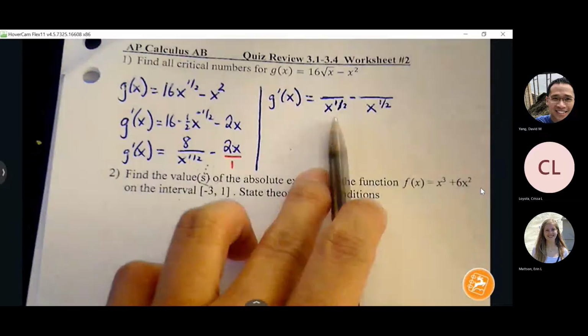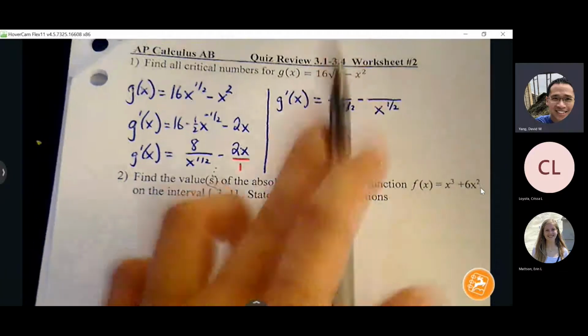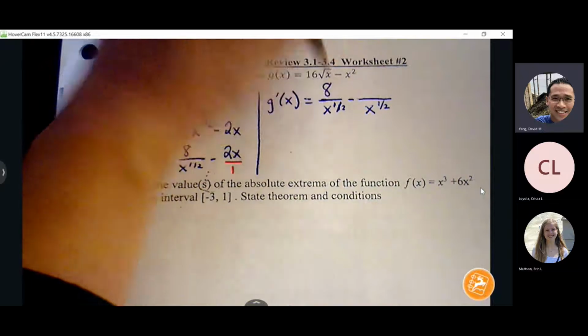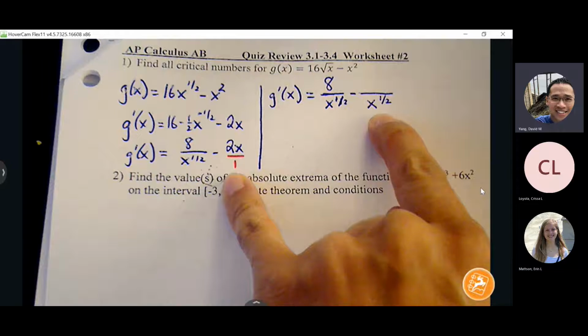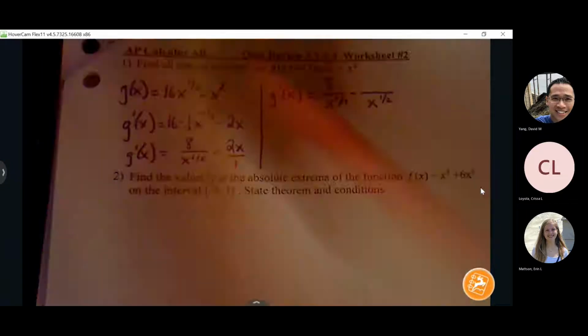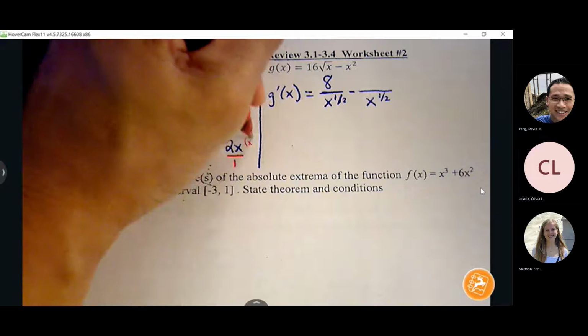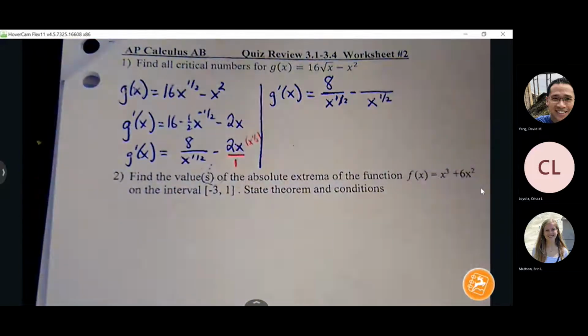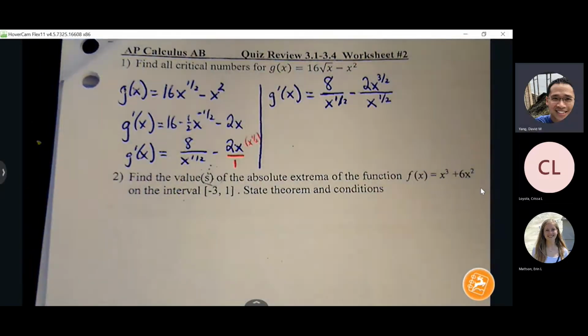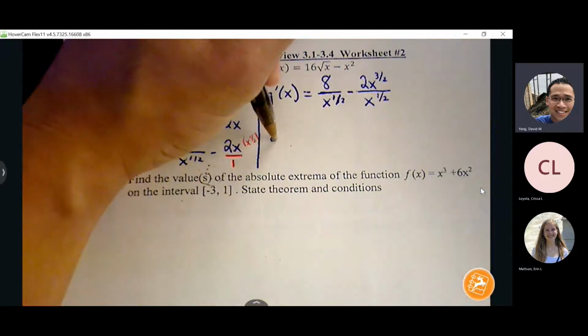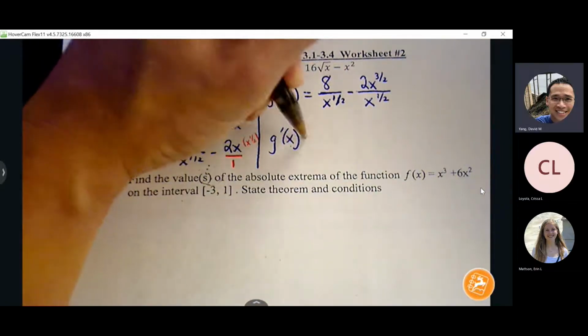So here, bases are matching, so keep the numerator. Here, my denominator is not the same, so I need to multiply the top by x to the 1/2. So 2x times x to the 1/2, we're going to add exponents. 1 plus 1/2 is 3/2. So there we go. There's our ticket to getting our fractions to merge.